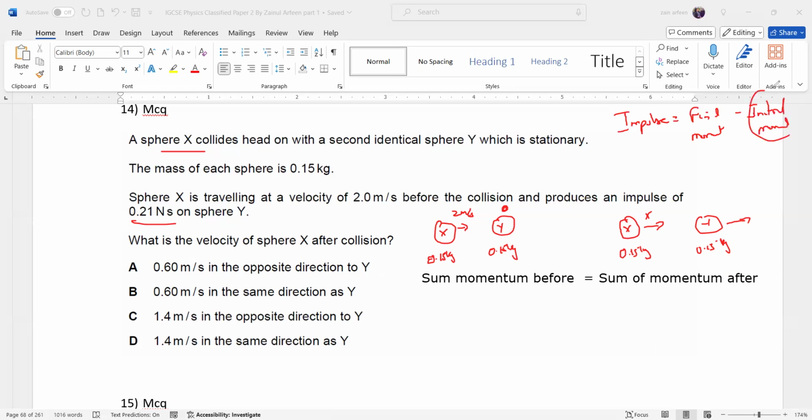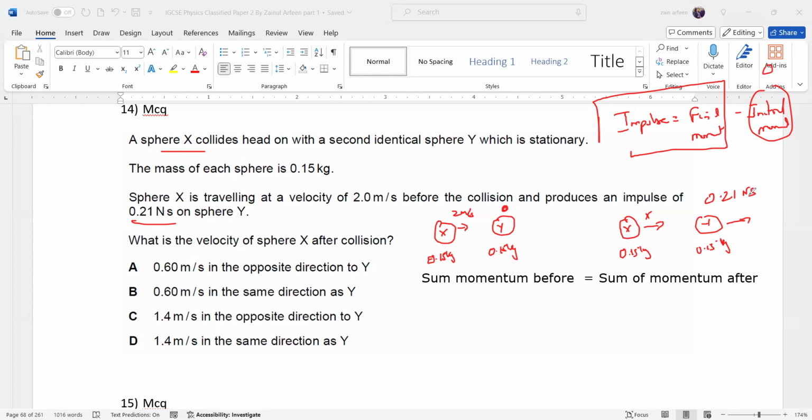If the initial momentum is 0, then the impulse will be equal to the final momentum. Because sphere Y was not moving, its initial momentum is 0, so the final momentum of sphere Y, the product of mass and velocity, will be 0.21 Newton second.